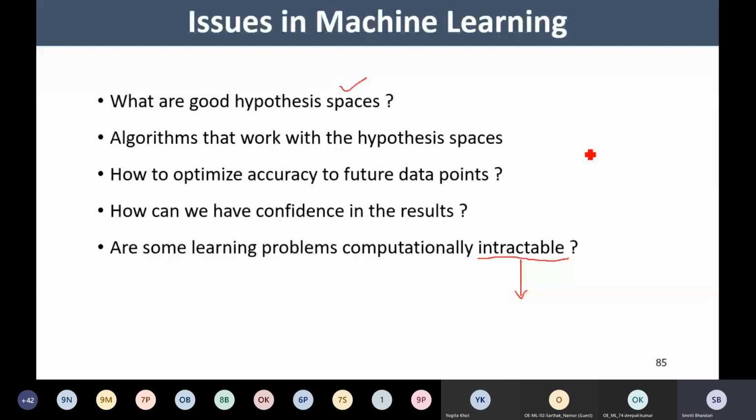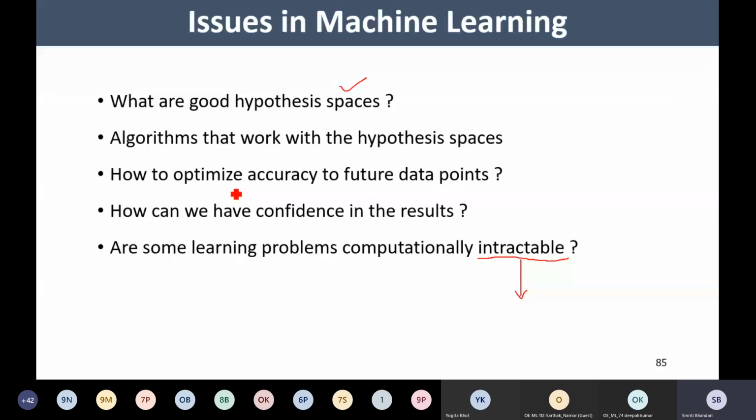Further, I need to think of optimizing the accuracy. How do I tune the parameters so that I have a more generalized model that will be suitable for my future data points also? So I need to perform lots of experiments to tune the performance, to tune the hyperparameters for my representation.